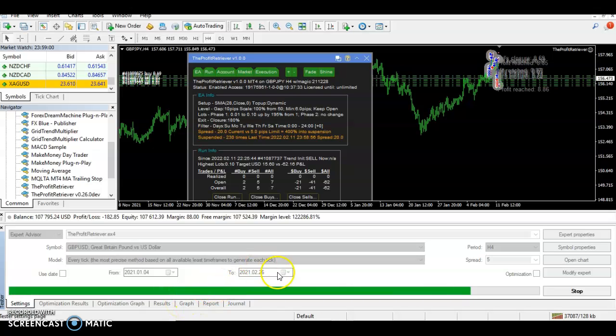Now, this EA that I'm trying out is the official Profit Retriever on the MT5 and MT4 Pro platforms, designed with you in mind. The creator is expertforex.com. He has a forum and plenty of videos on YouTube.